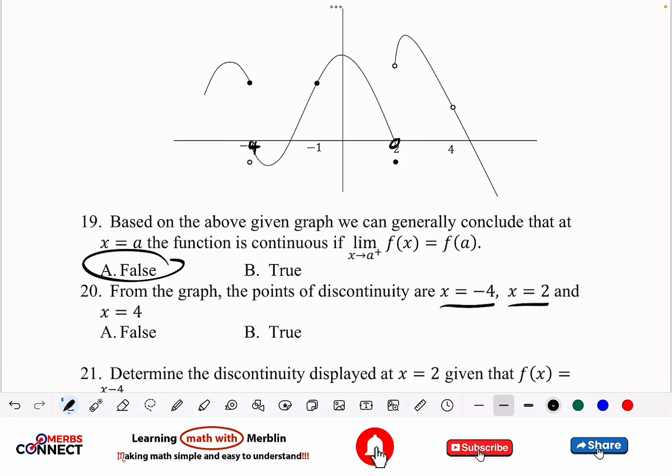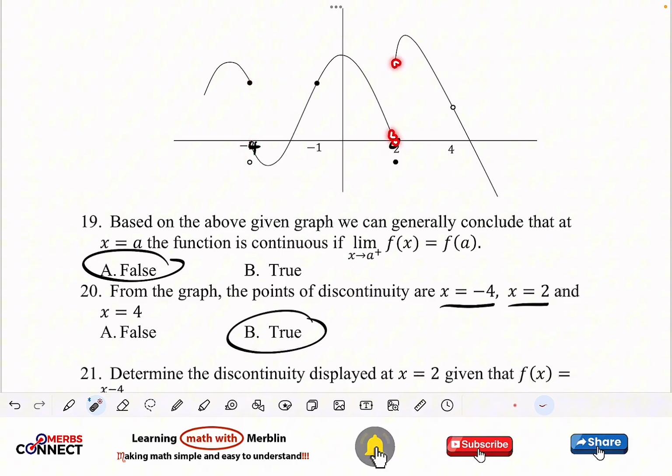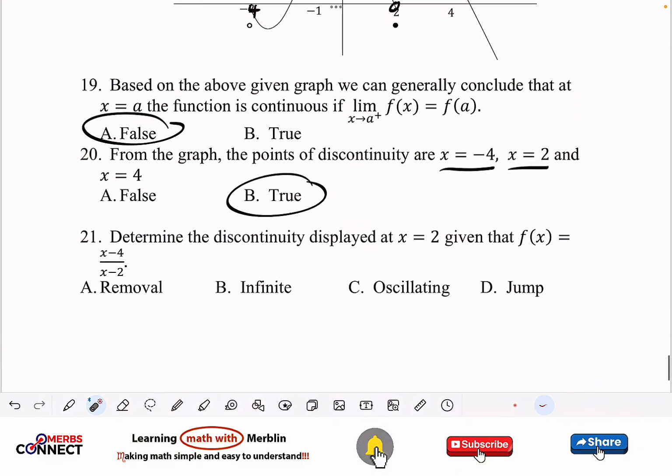So minus 2 is, yes, indeed. And 2 is also indeed. So this is a jump, and this is also a jump. And also 4. So minus 4, 2, and 4. So this one becomes true, because this is a jump discontinuity, this is also a jump discontinuity, and this is a removable or point discontinuity. So 1, 2, 3. They are all points.